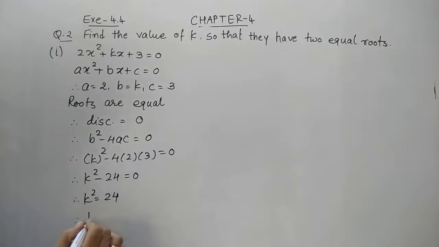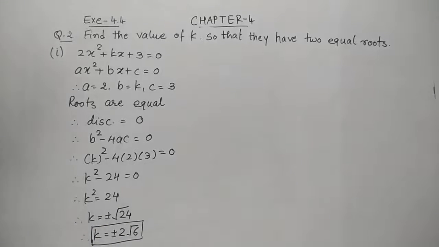So there are two possible values of k, plus or minus root 24. As we know 24, that is 4 6s are, so that can be written 2 root 6. So there are two possible values of k, that is plus or minus 2 root 6.